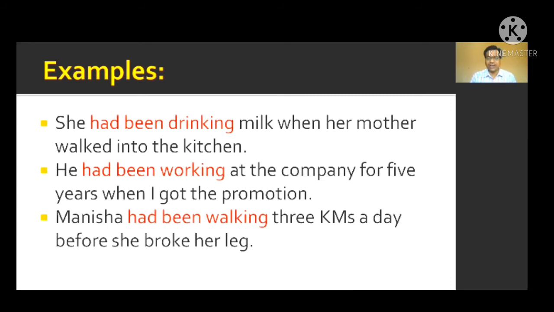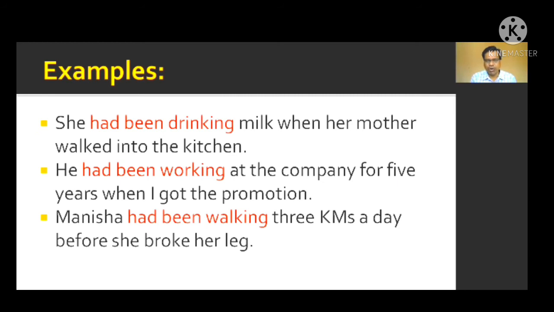But how long did she continue? She continued only up to the breaking of her leg. So once she broke her leg, maybe in some mishap, then probably she stopped. But before that, the action started in the past. It continued in the past for a long period of time. And that's why this sentence is said like this.